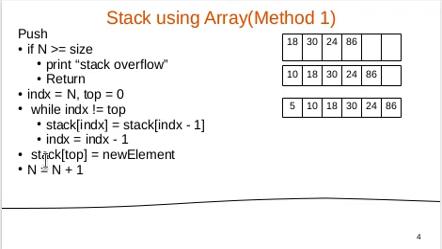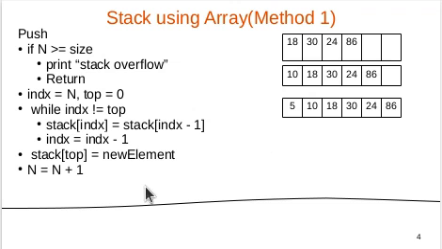Then stack of top, stack of 0, will be filled with the new element, then number of elements will be number of elements plus 1, so n will be 5. Now when we insert 5, we shift these cells with this loop, so this will be shifted here, then stack of top, 0, is blank here, new element 5 is inserted here, then n equals n plus 1, that means 6.